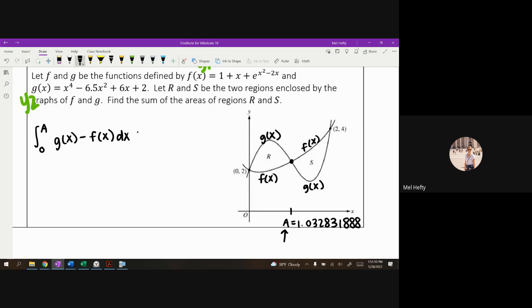To that, I'm going to add the area from A to 2 of f minus g. Here, I would highly encourage using f of X and g of X instead of their full names, because odds are you're going to write something wrong.